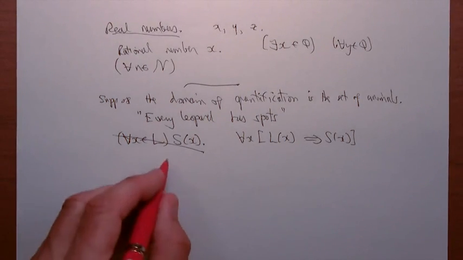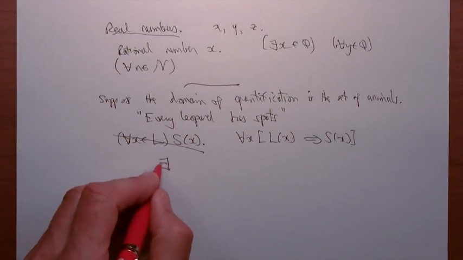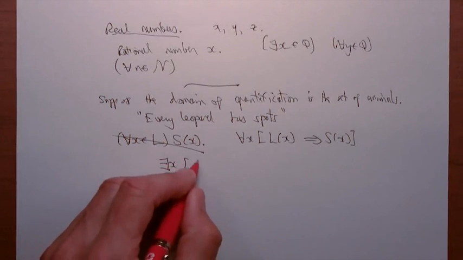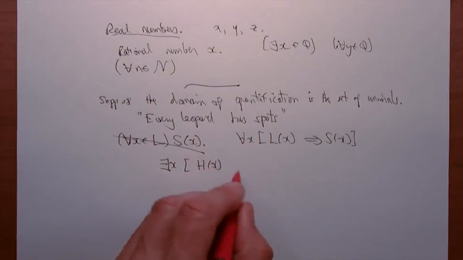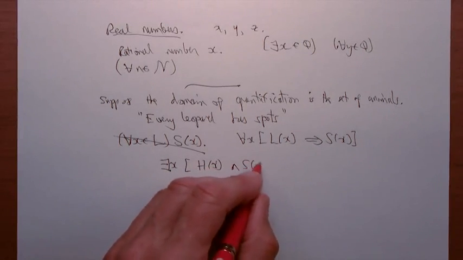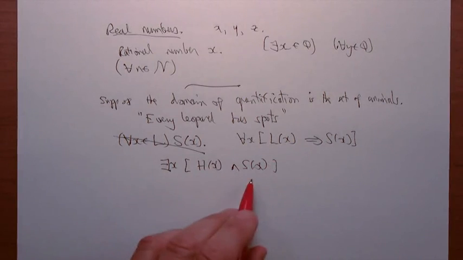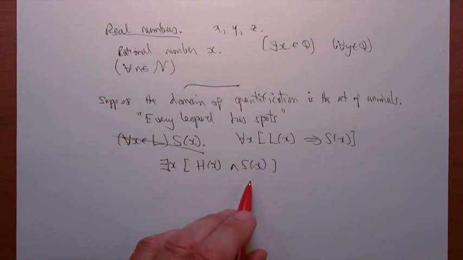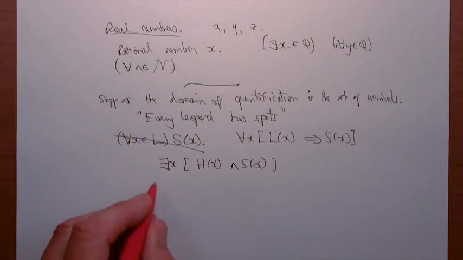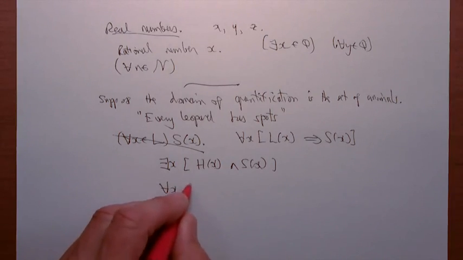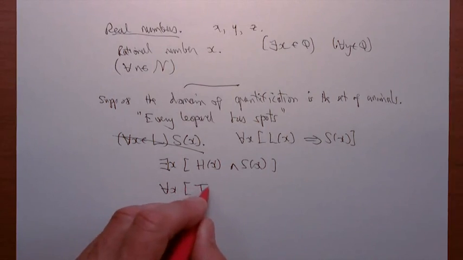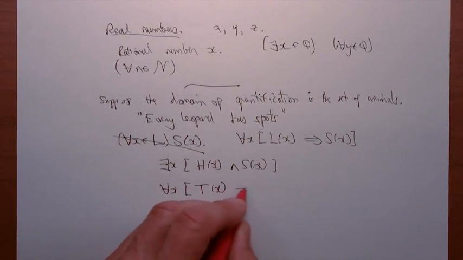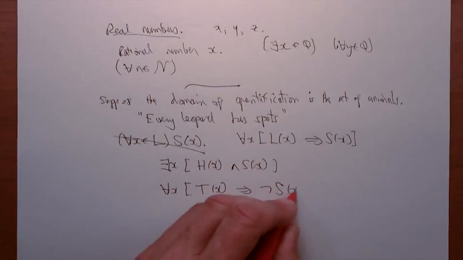That allows me to say something like, there is an animal which is a horse and has spots. There's a spotted horse. Or I could say, for all x, if x is a tiger, then x doesn't have spots.